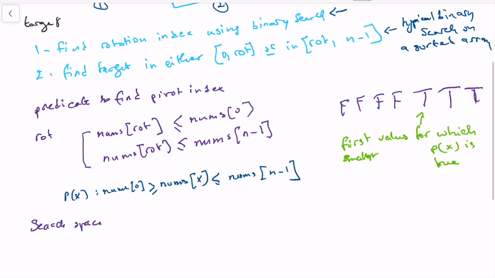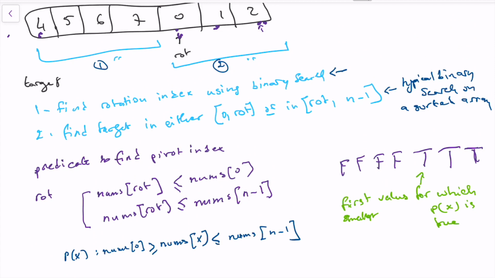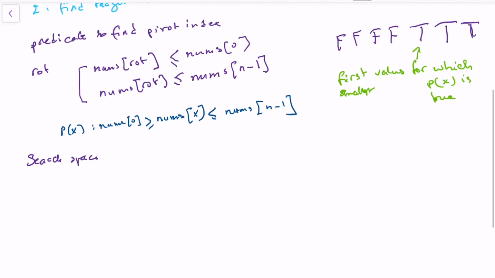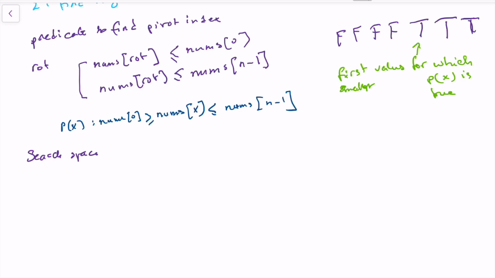The rotation index can be any position in the array, right? We can rotate in any position, and so the search space is all the values that have an index in this range. And so that means that our low value starts out as 0 and our high value starts out as n-1, right?